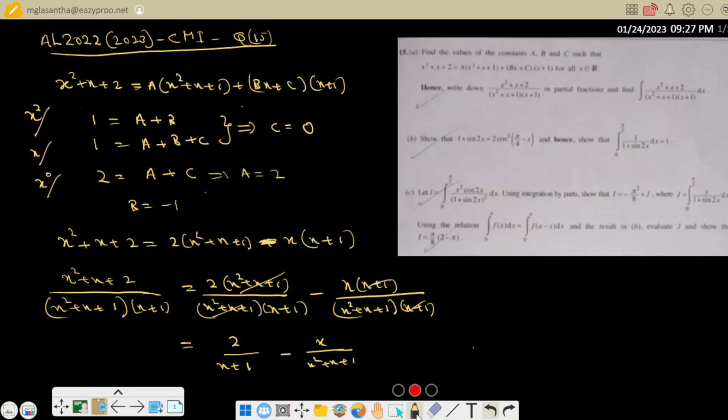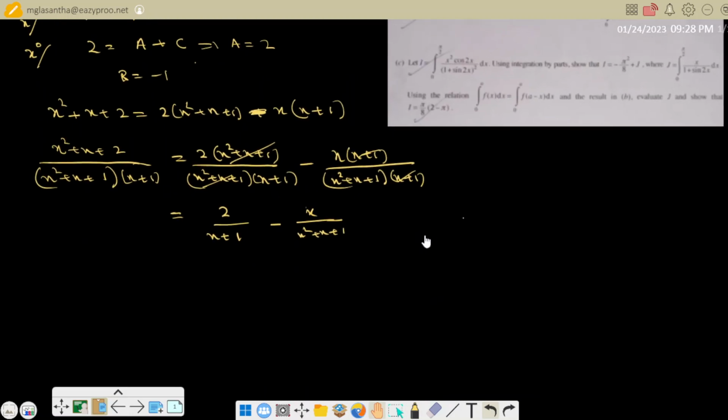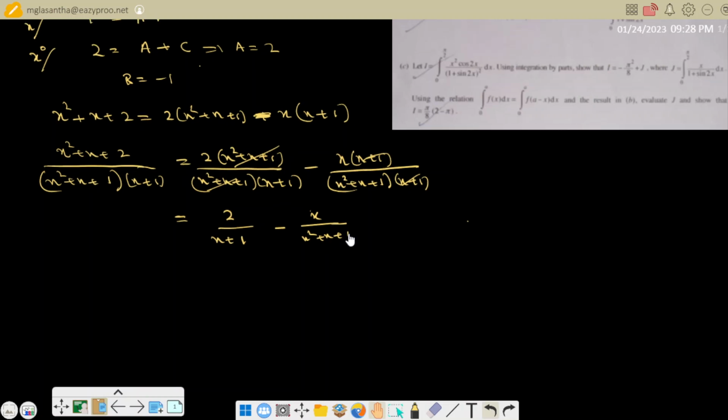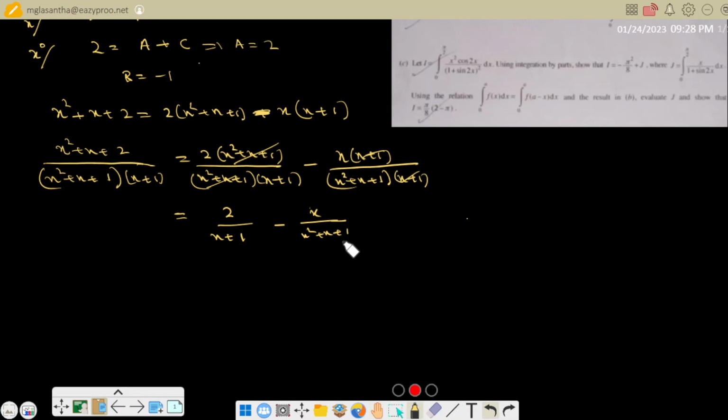Thereby you have to find the integration of this. You can find it very easily. But if you integrate this one, 2 over x plus 1 is easily integrable, but x over x squared plus x plus 1 needs further arrangement for this term, right?